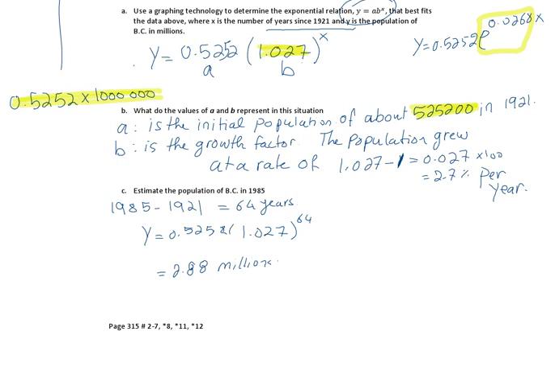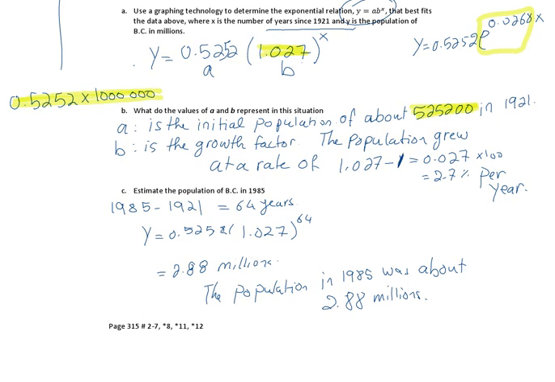So the population in 1985 should make sense if you go back and look in your table of values between the year 1981 and 1991, right?